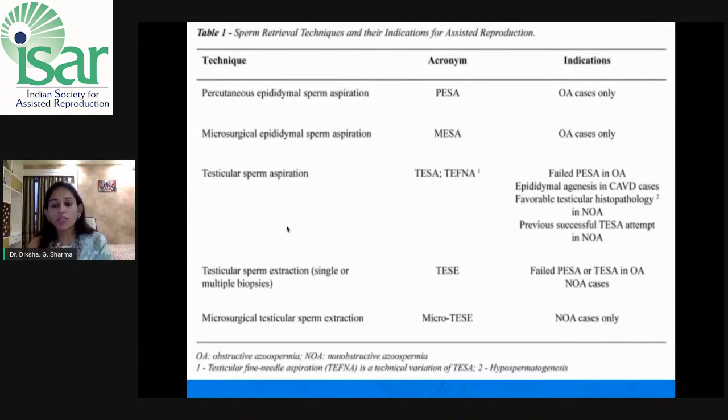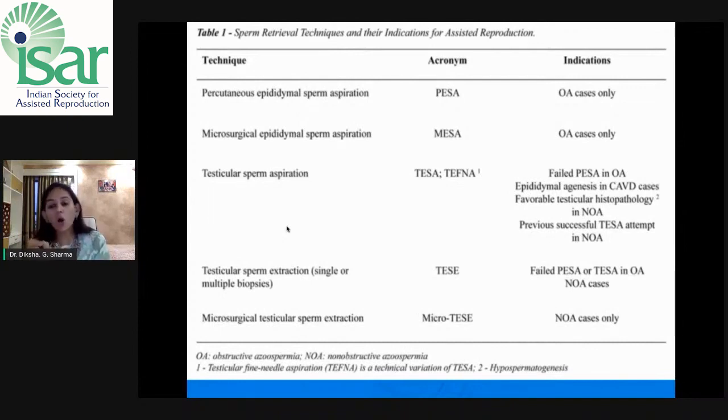Testicular sperm aspiration is indicated if we fail to get sperm from the epididymis in obstructive etiology. If there's epididymal agenesis in CAVD cases, then we go for a TESA. If there's favorable testicular histopathology in NOA patients, or if there's a previous successful TESA attempt in NOA patients, that is, if there's a favorable prognosis in obstructive and NOA patients, then only we should go for a TESA.